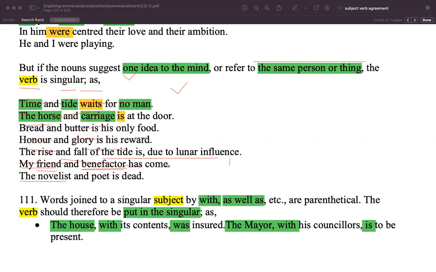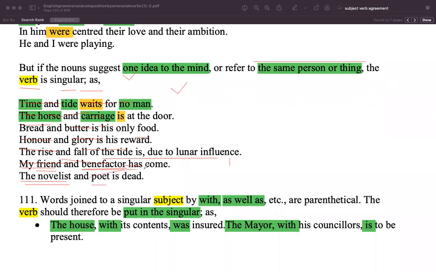So here also, whoever writes the novel also writes poems. That is why he is called a novelist. He is also called a poet, isn't it? So if it is written the novelist and the poet, then you can talk about two different persons.